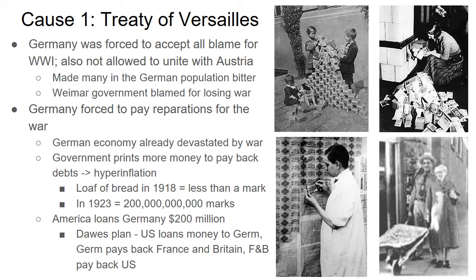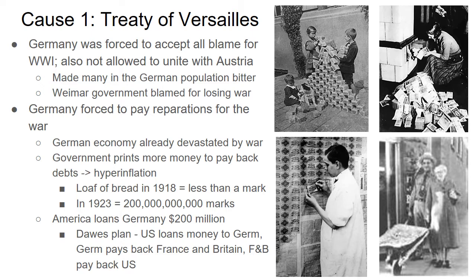They felt like they should have been awarded more for helping the Allies. The United States was not happy with the League of Nations, and Germany was, of course, coming off worst with the war guilt clause. So Germany was forced to accept all blame for the war.